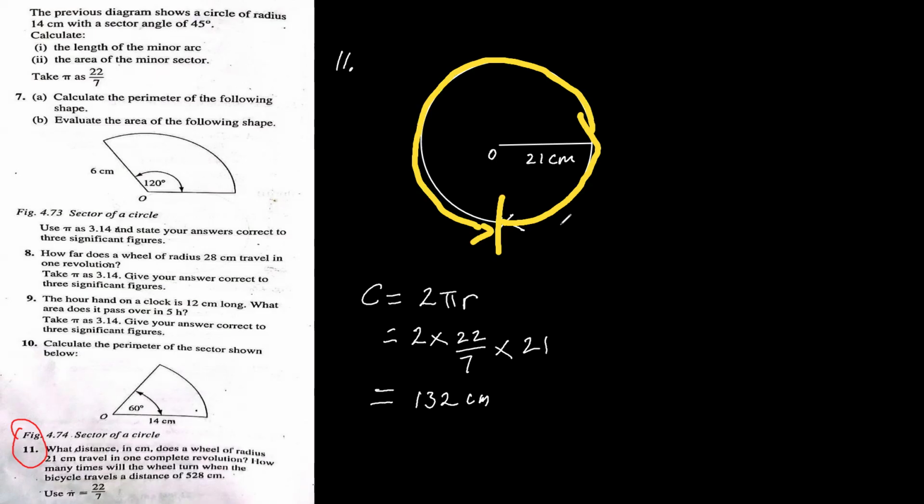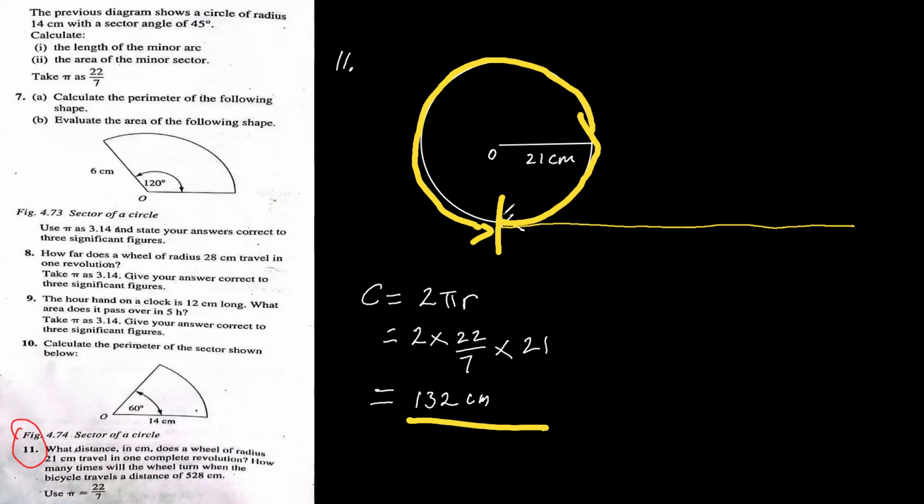That's one revolution. So that distance we worked out to be this. So on the ground, it would have moved. Let's say this is the same thing. So if we took a piece of thread, and let's say this is a bicycle wheel.